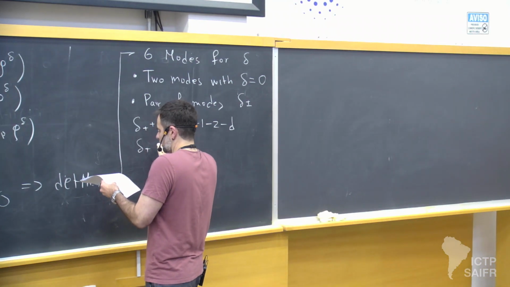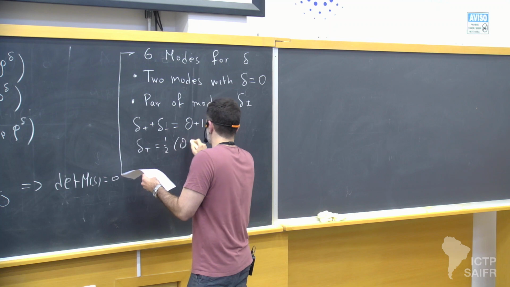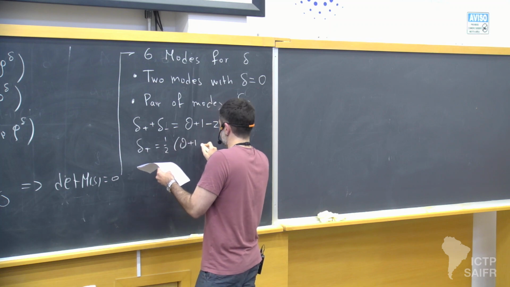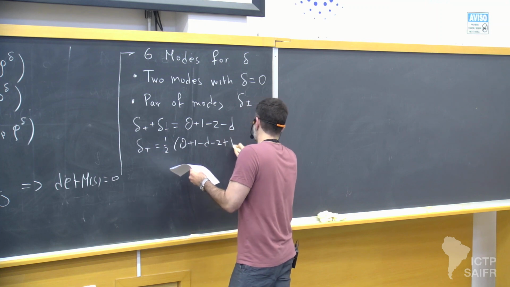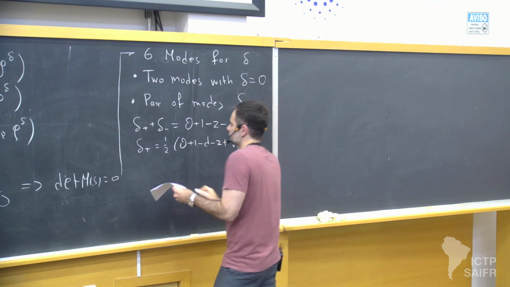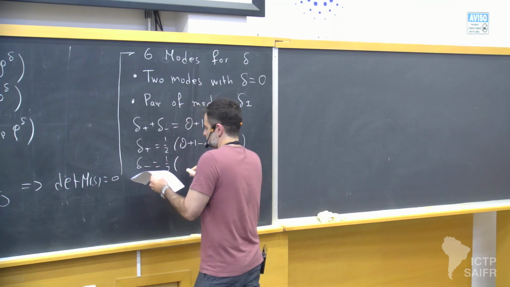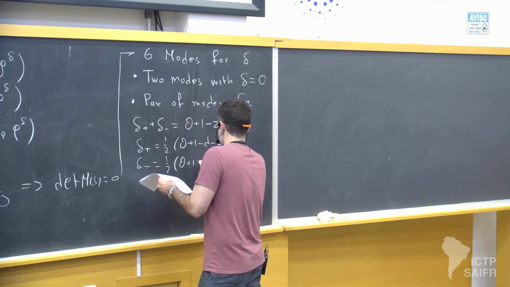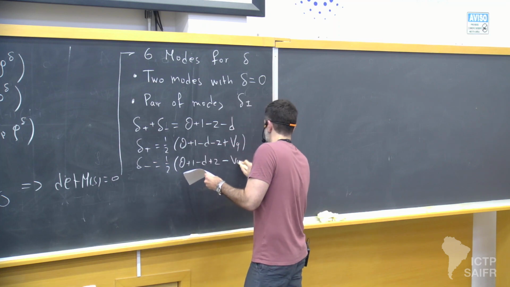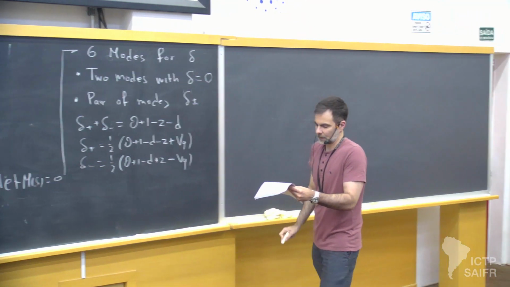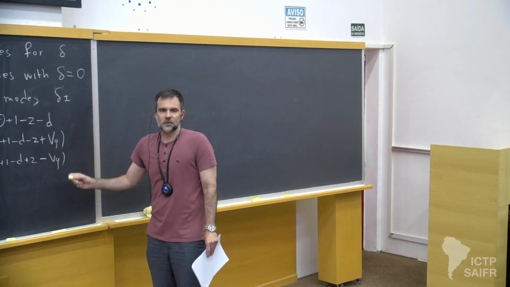So delta plus is 1/2 theta plus 1 minus d minus z plus a number nu phi. And delta minus would be 1/2 theta plus 1 minus d plus z minus nu phi.